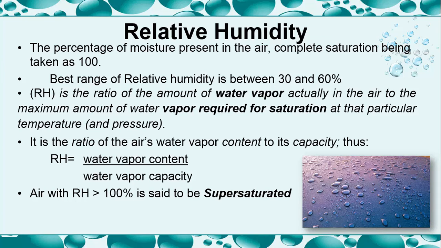In the form of a formula, we can say that relative humidity equals water vapor content divided by the maximum water vapor capacity, and the best range of relative humidity is between 30 and 60%.